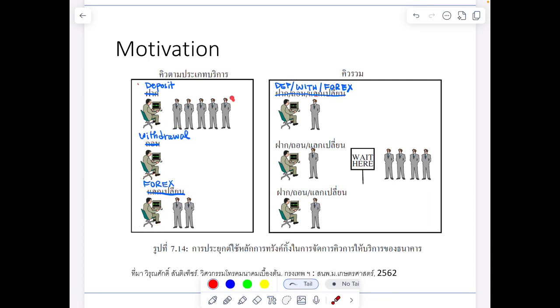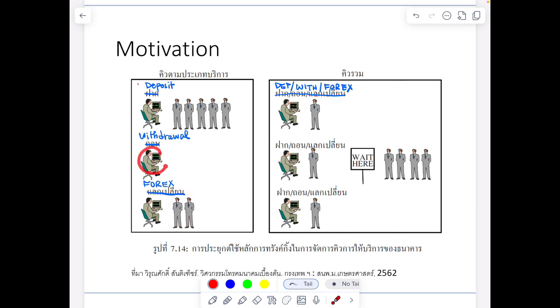You can see that for deposit, there are five customers waiting to be serviced by this staff member. On the other hand, there's nobody trying to withdraw money. So this staff is free, but he cannot service the other customers because they are in for different types of transactions. And for foreign exchange, or forex, there are only two customers.